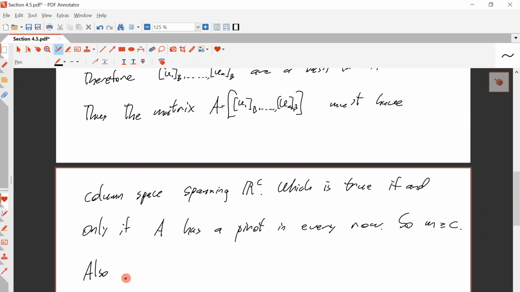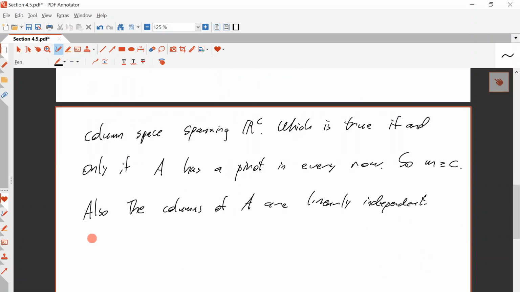Also, because it's a basis, the columns of A are linearly independent. Well, that's true if and only if A has a pivot in every column.